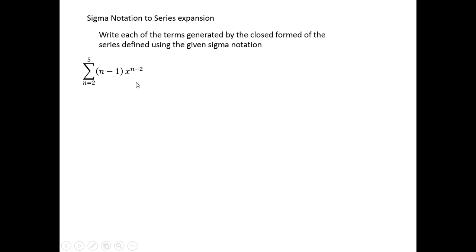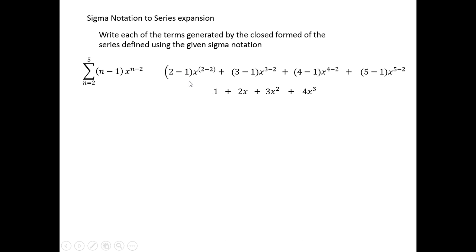Again, I think we implied in earlier videos that this just implies taking this value n and replacing it with integer values starting at 2 and moving up to 5, replacing each term. So the expansion is going to look like this. Not that there's excessive computation there, and you should be able to easily see that this funnels down to this.